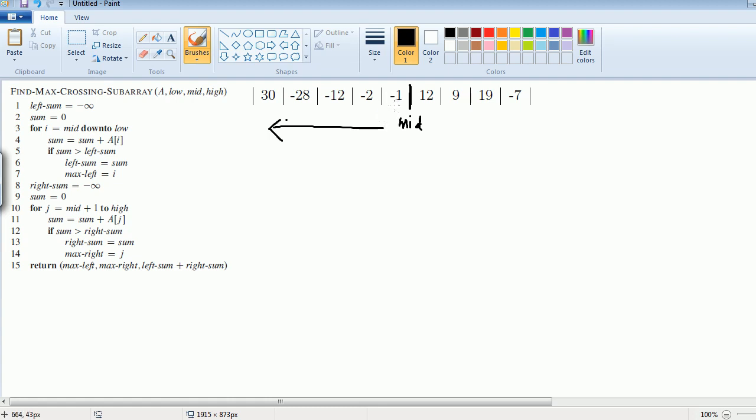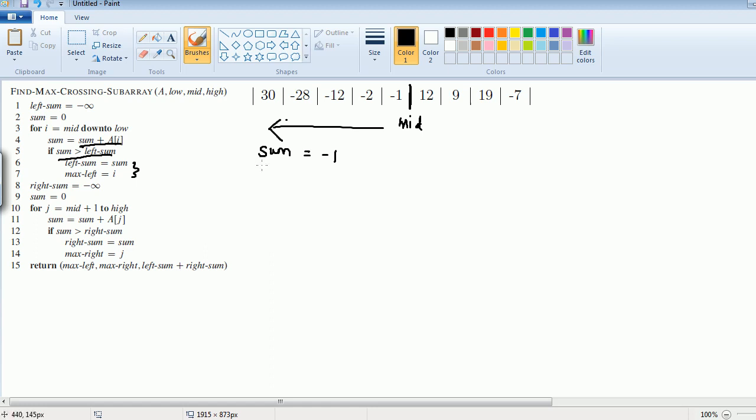Initially i starts at mid, and our sum will be equal to -1, since here it's 0 plus A of i, and A of i is -1, so sum will be equal to -1. And if sum is greater than left sum, since sum is -1 and left sum is -infinity at this point, the if condition is true, so it's going to enter and execute these two statements.